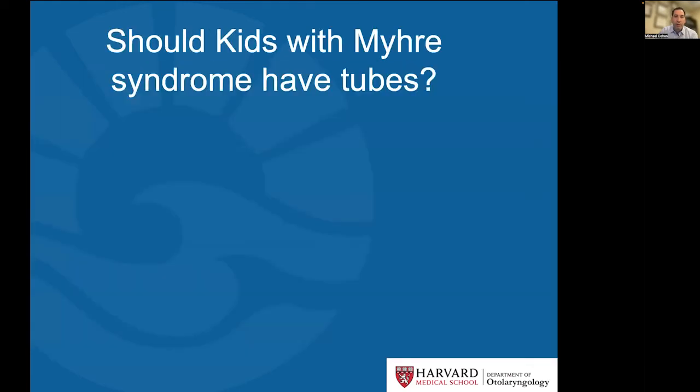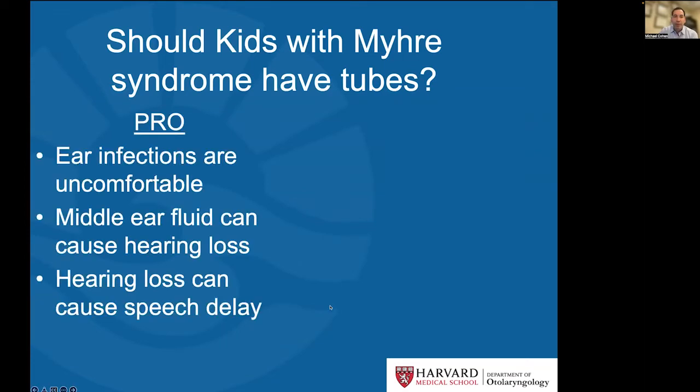So should kids with Myrie syndrome have ear tubes inserted? There are pros and cons. Some of the pros: ear infections are uncomfortable. Middle ear fluid itself can cause conductive hearing loss and is a common cause of hearing loss. And hearing loss can result in speech delay. And some children with Myrie syndrome are at increased risk of speech delay.